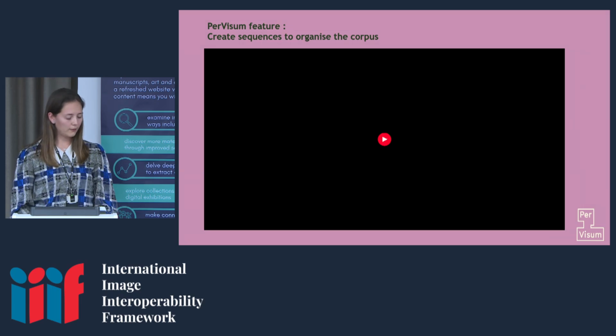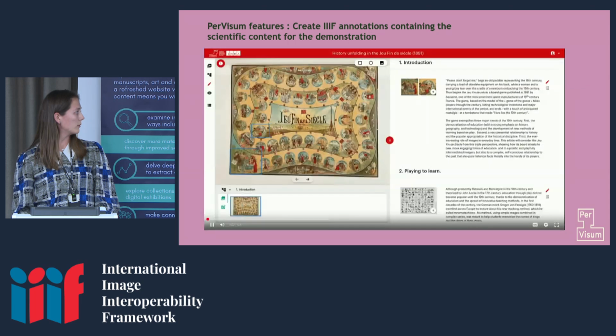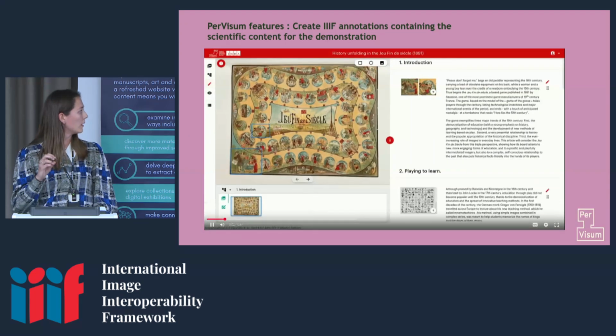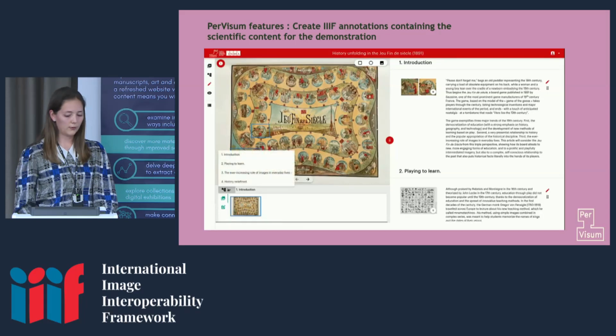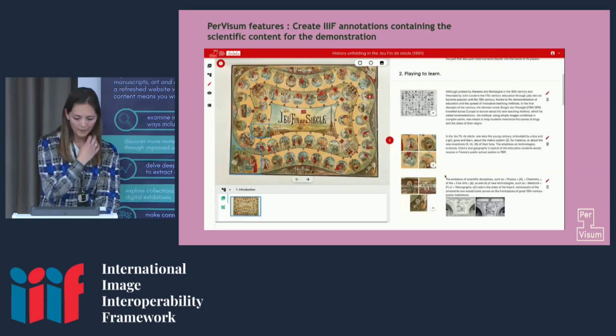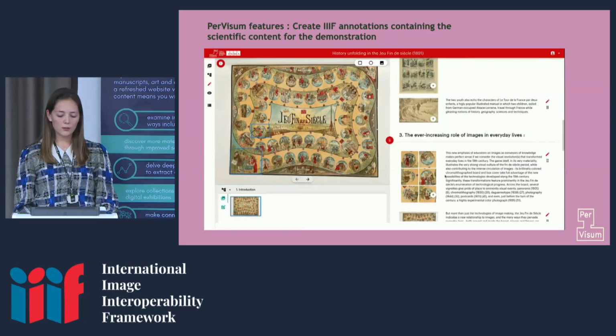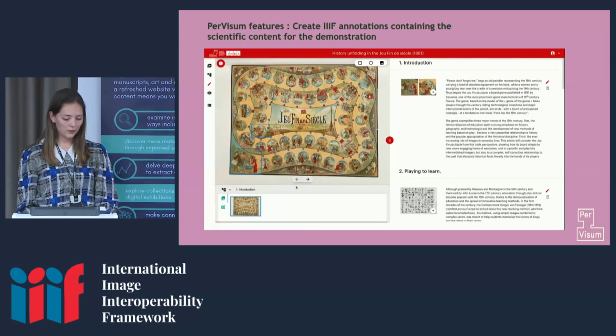The next environment, the writing space, is this one. So you can find all the sections you have created, so the 4 parts here, and all the annotations created within each sequence.